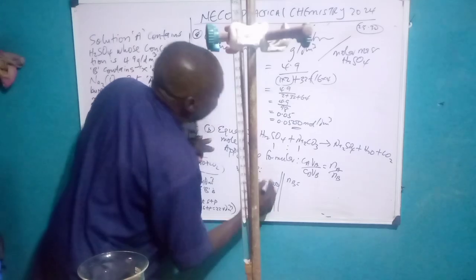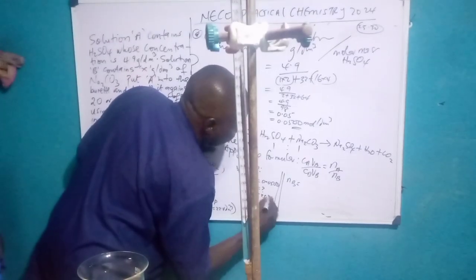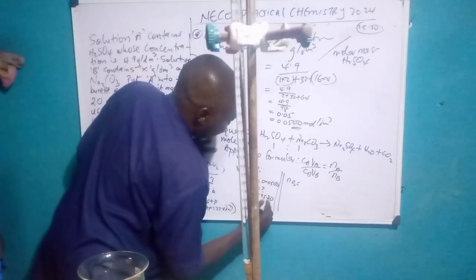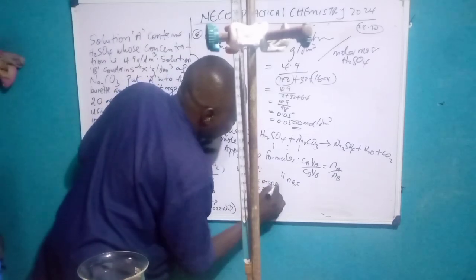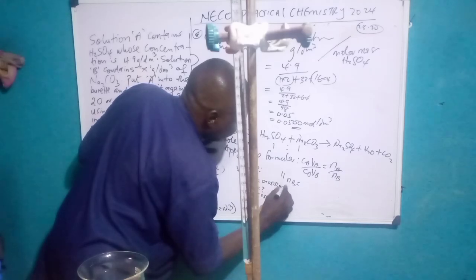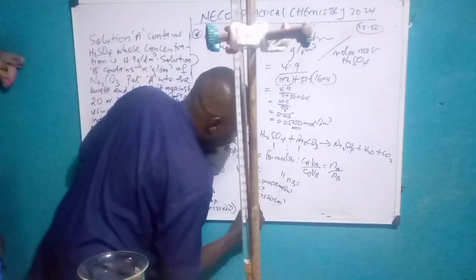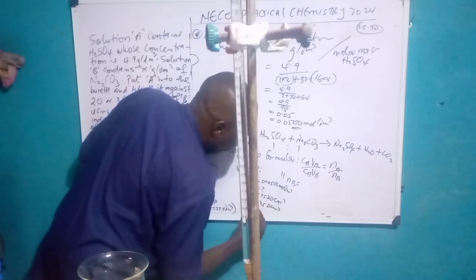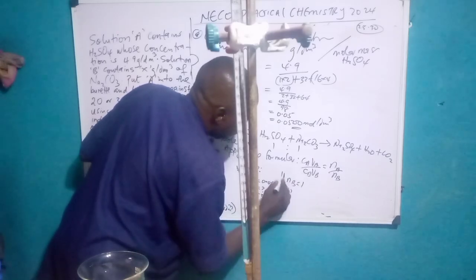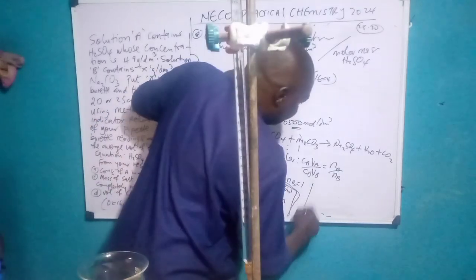Va, volume of acid used, 25.30. Vb, okay, let's write the unit. Mole per dm cube, cm cube, 25.0 cm cube, Na is 1, Nb is 1. You can see it. So having done this, you say substitute.